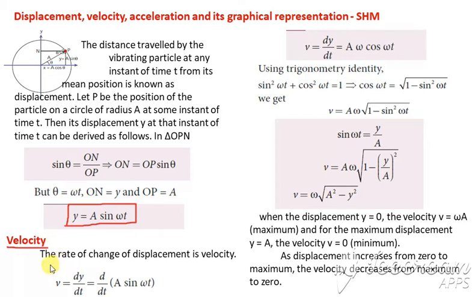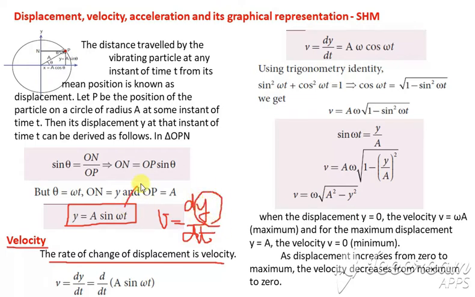Next we are going to see the velocity. For finding the velocity, let us take the formula: the rate of change of displacement is velocity. So velocity is equal to the rate of change of displacement, which we write as dy divided by dt. Now instead of y, substitute this value here. So we get d by dt of a sine omega t.